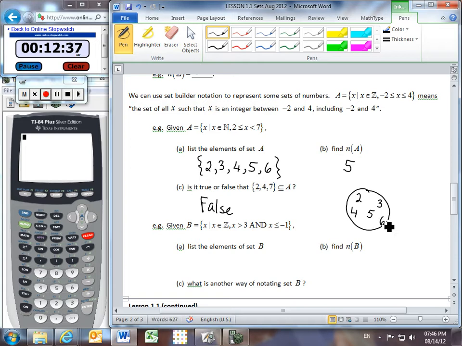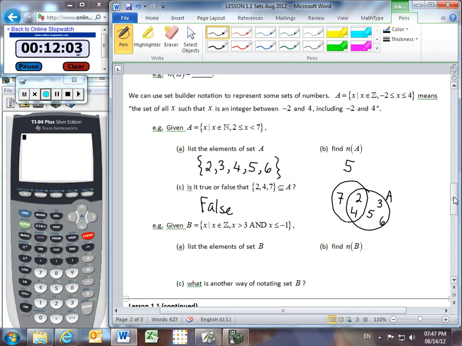And if I drew this new set, {2, 4, 7}, well, here's 2 and 4, but 7 is not inside set A. And you can see then that this new set is not a subset of set A because it's not contained entirely within set A, much like we had with the Venn diagrams before, where we had circles entirely inside, and they were subsets. This circle is not entirely inside, and thus is not a subset, so that's false.